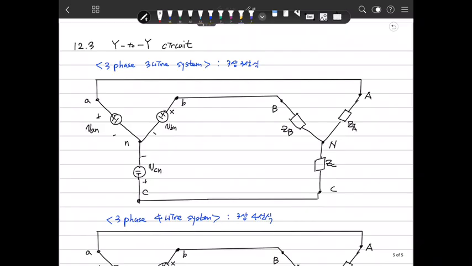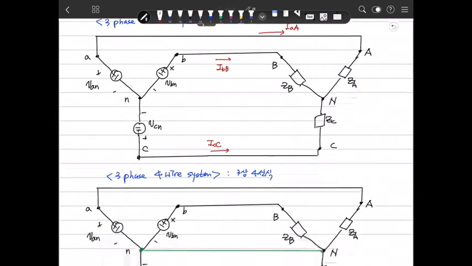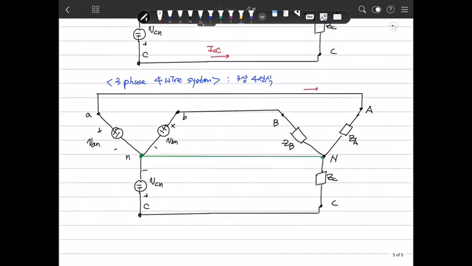And we can define the current here. We define this current flowing through as I small a large a, this current as I small b large b, and this current as I small c large c. And we have the same current here.